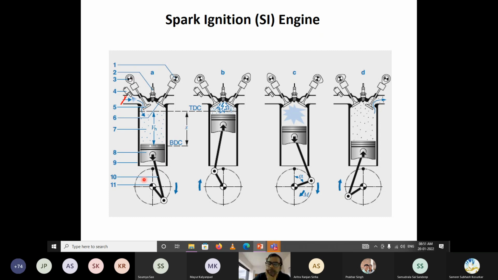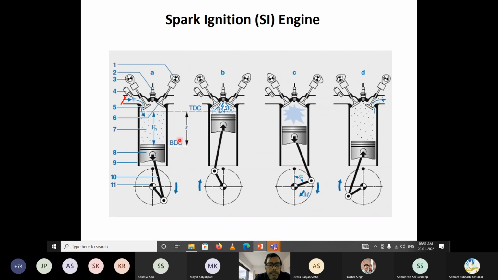Any sort of question? When does the exhaust valve close? As I told you, during the exhaust stroke, when the piston reaches the top dead center, your intake valve is going to open. Then the piston will again move down from the top dead center to the bottom dead center.